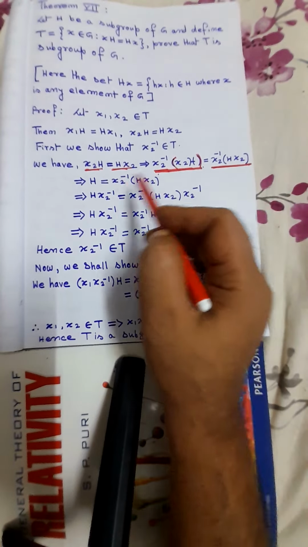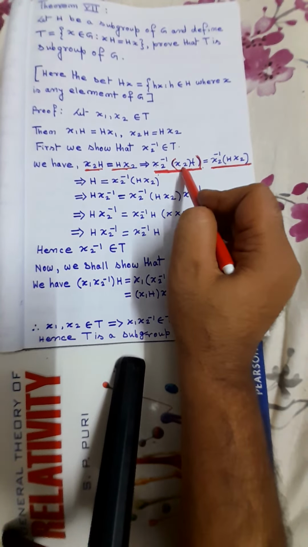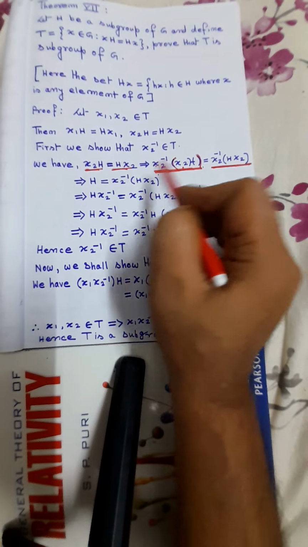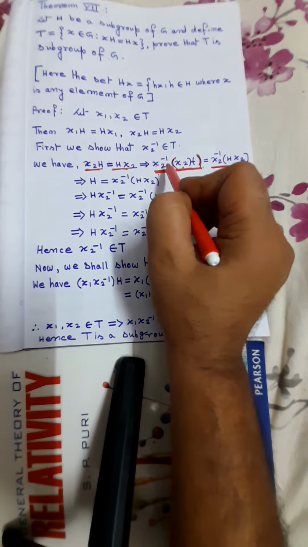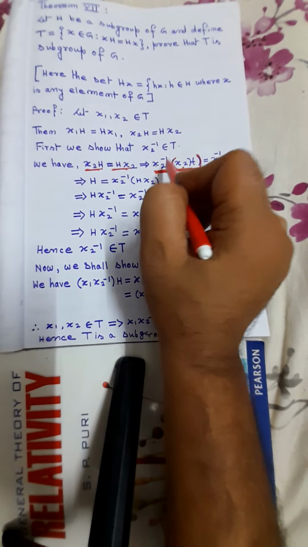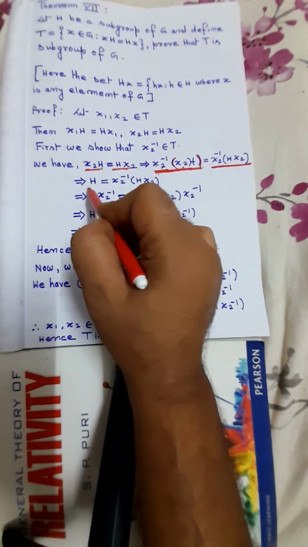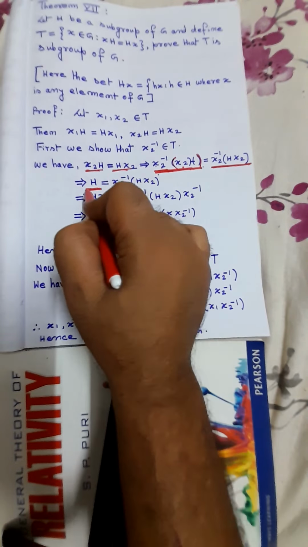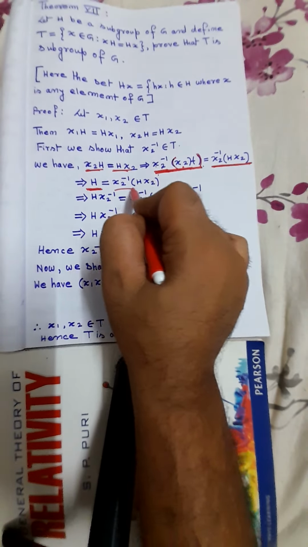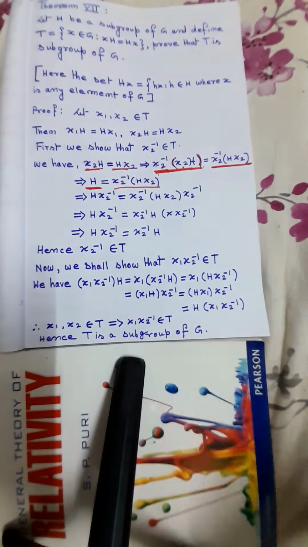Then x2 inverse x2 will give us the identity e, and with the identity, if we do the binary operation with h, we will get h only. So h equals x2 inverse h x2.